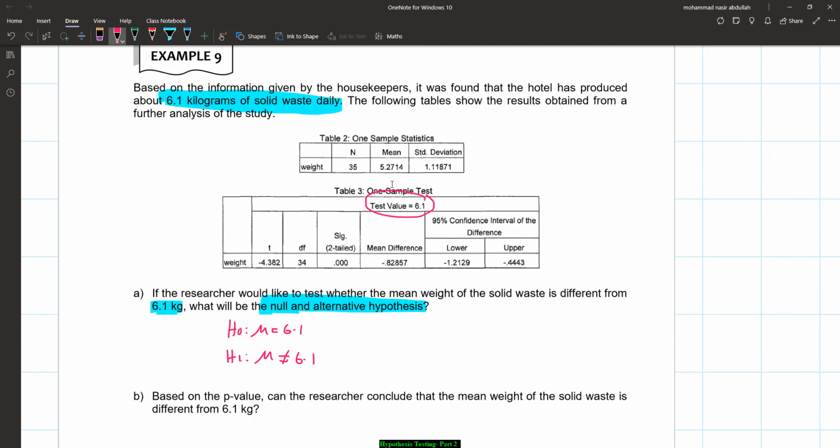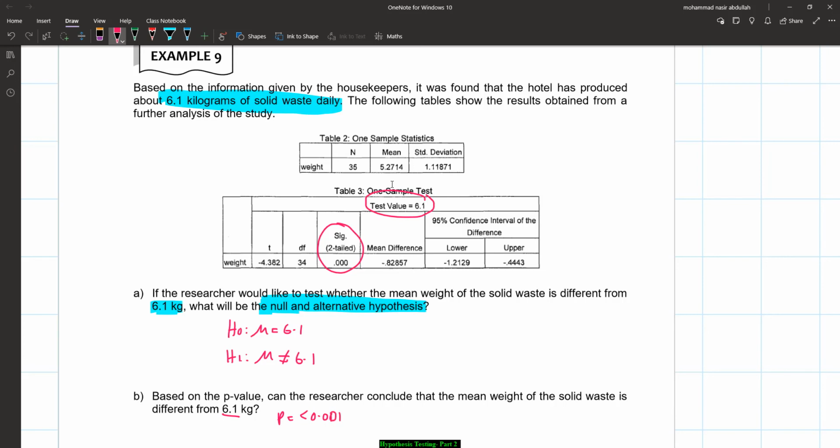Based on the p-value, can the researcher conclude the mean weight of solid waste is different from 6.1? We look at the p-value. The p-value is less than 0.001.